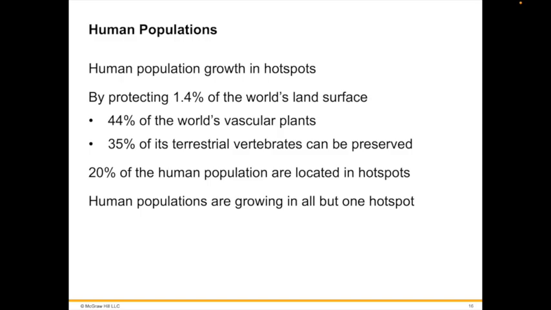Furthermore, human populations were growing in all but one of these hotspots, South Africa's succulent Karoo, both because birth rates are much higher than death rates, and because the rates of immigration into these areas are often high. Overall, the rate of growth exceeded the global average in half of the hotspots. In some hotspots, the rate of growth is nearly twice that of the rest of the world.